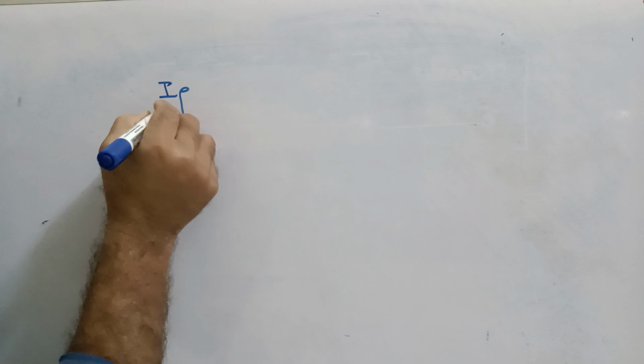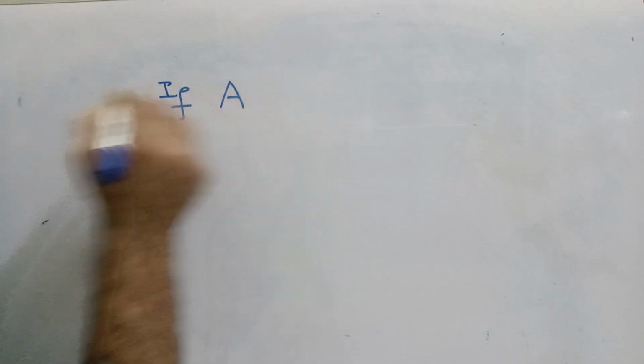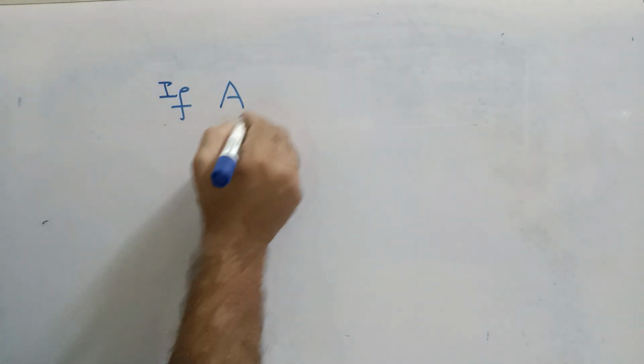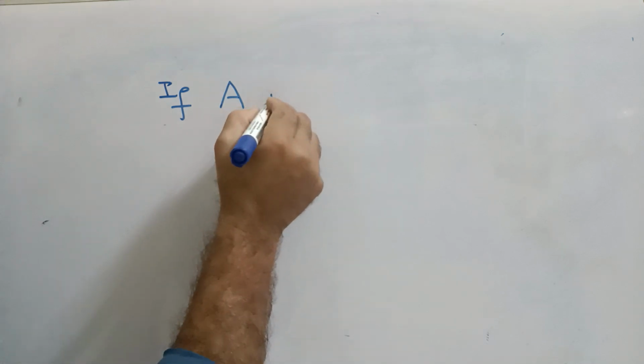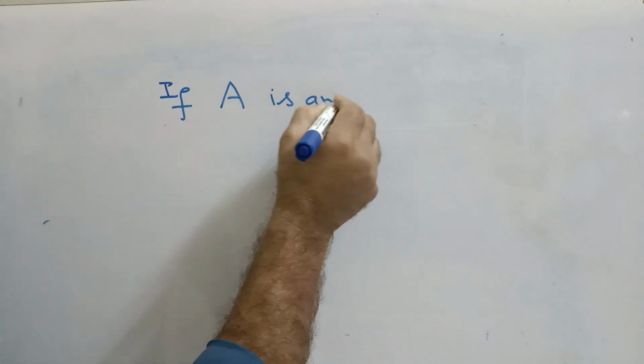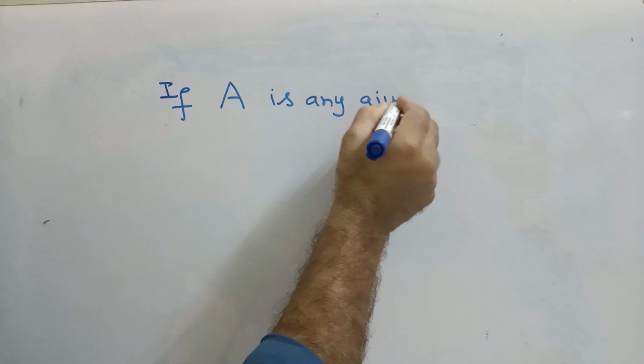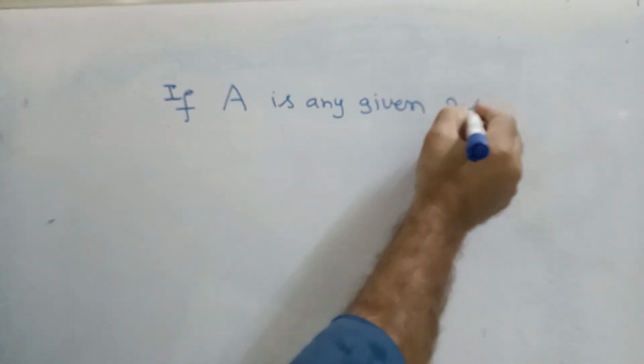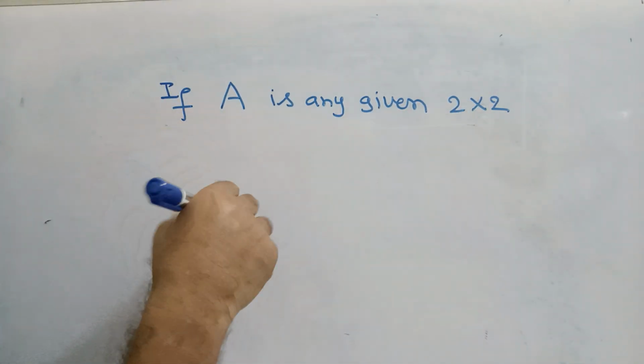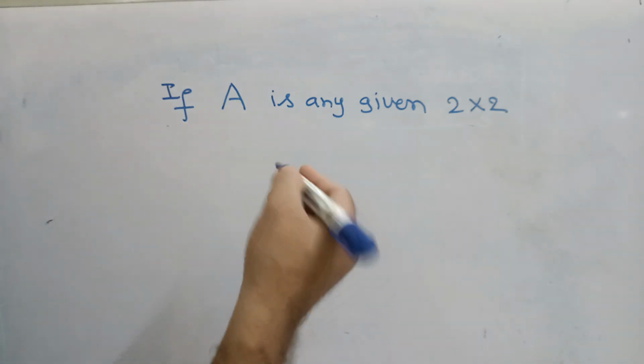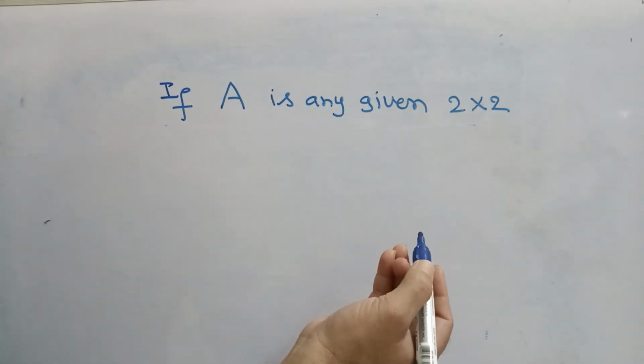So if A is the given matrix, then its inverse. Today I will explain about 2 by 2 only. In the next presentation we will see the 3 by 3 also, right?